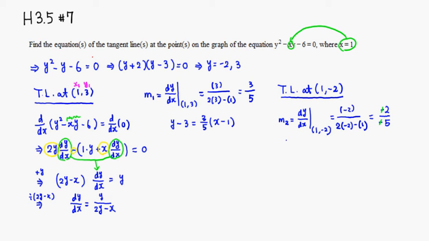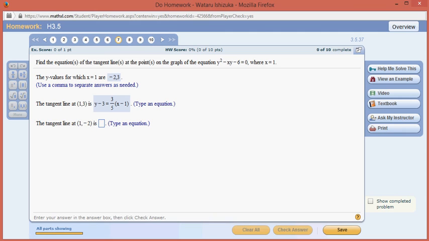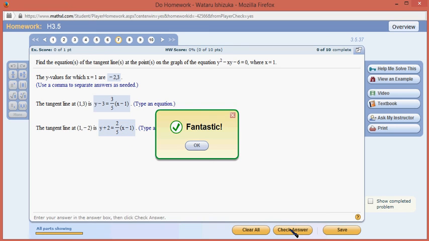The equation is y minus y1, which is -2, so it's plus 2, equals 2/5 times x minus x1, which is 1. Let's type that in: y plus 2 is equal to 2/5 times the quantity x minus 1. Let's check the answer.